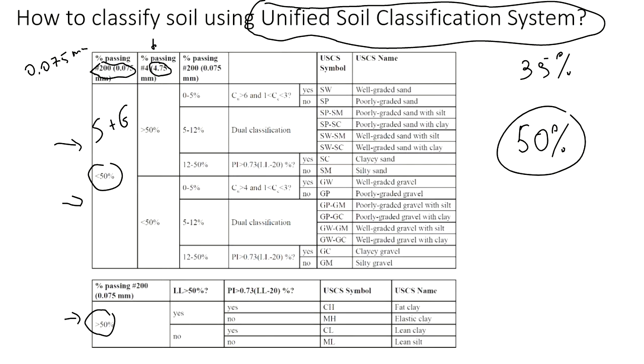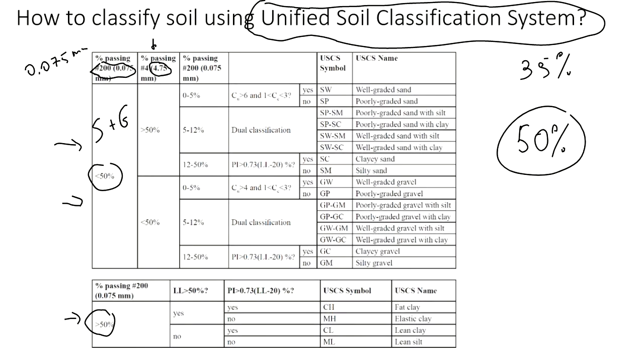Remember in the beginning of the lecture, I said that for the unified soil classification system, the boundary between gravel and sand is 4.75 millimeters, compared to the Australian standard, which is 2.36 millimeters. So this is another major difference. In this case, we will have to go back to the curve and re-evaluate the amount of gravel and sand.